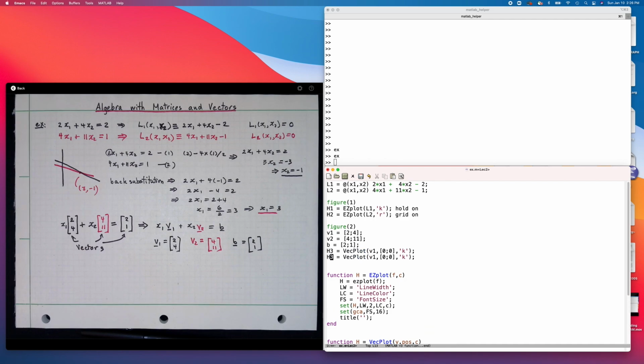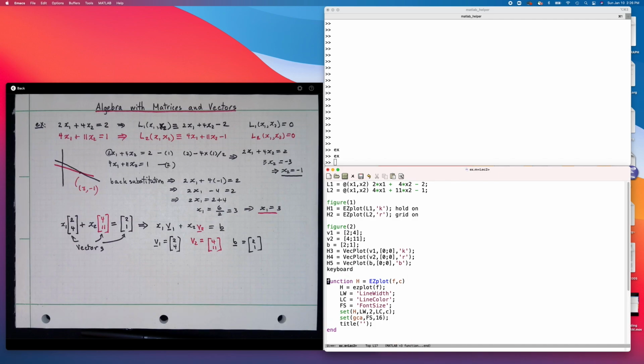And then the second vector, I shall plot it in red, but also its tail will start at 0. And then for the third vector, b, I will plot it in blue.